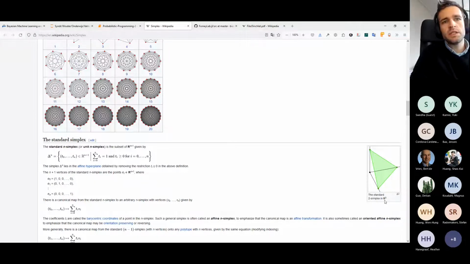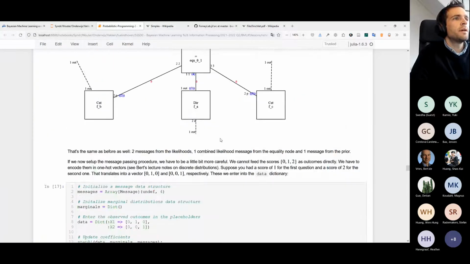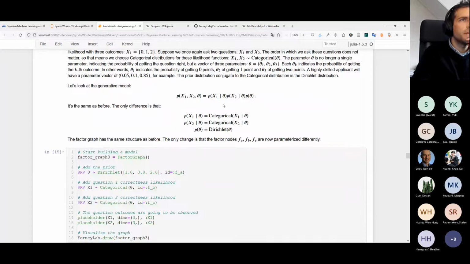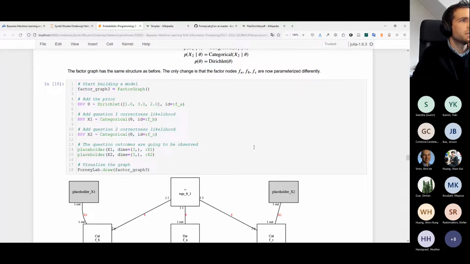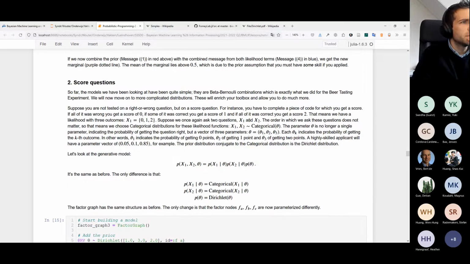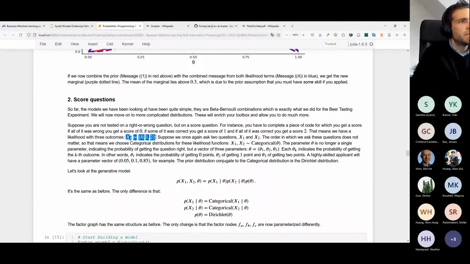The reason I say it's a lower dimensional object in higher dimensional space is because this is just a 2 simplex in R3, but you can imagine that as we get more options in this question. So now these are categorical distributions with 3 possible answers. So x1 has 3 possible options, 0, 1, 2.